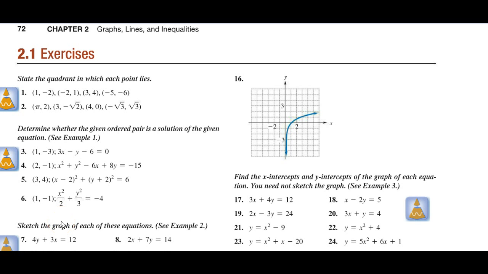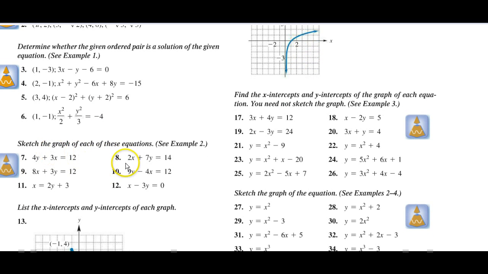In past years, we would ask students to do certain exercises, and you can see the kinds of things they would ask and are probably in your practice and quiz me's. State the quadrant. You could probably do that pretty easily. Determine if these are ordered pairs that make the statement true.